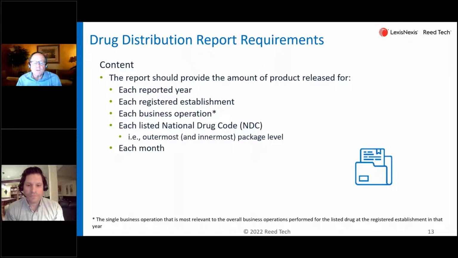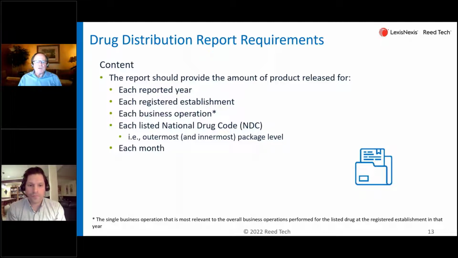That's obviously the one that's commercially distributed. And if there are multiple levels, then there are some metrics and volumes that need to be calculated for the innermost packaging level. In the event there are intermediate packages or even the innermost package, if they're sold on their own, then they also need to be listed and reported.